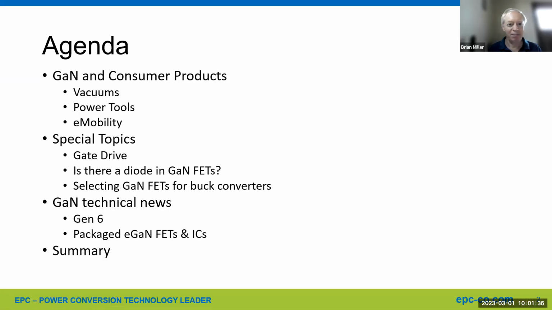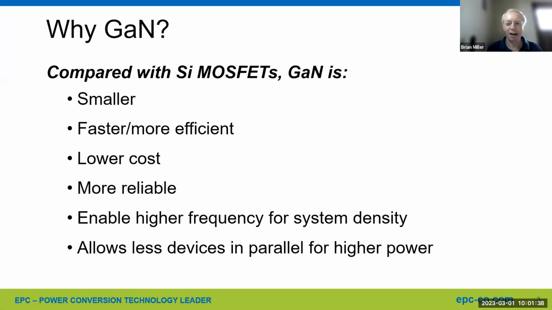To set the stage a little bit, why GaN FETs compared to silicon MOSFETs? GaN FETs are smaller, more efficient, a lower cost total solution, and more reliable. They enable higher frequency for system density, and they allow fewer devices in parallel for higher power.